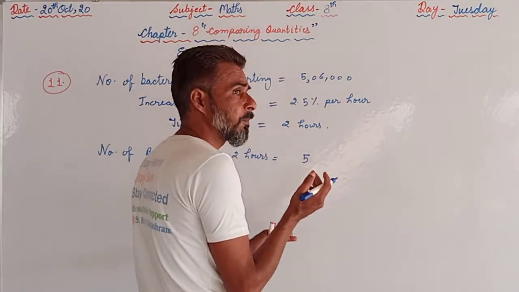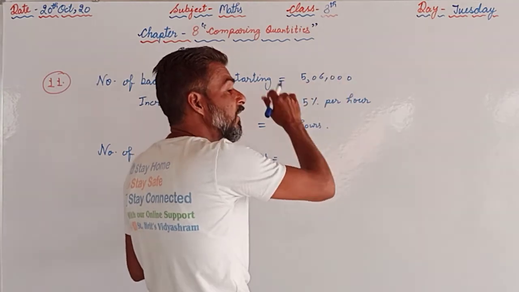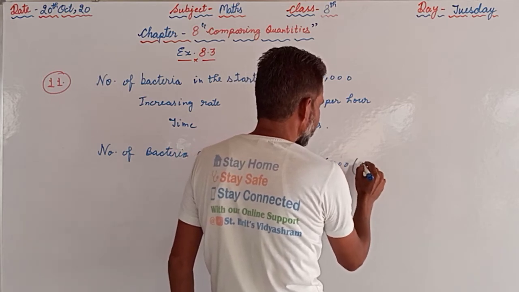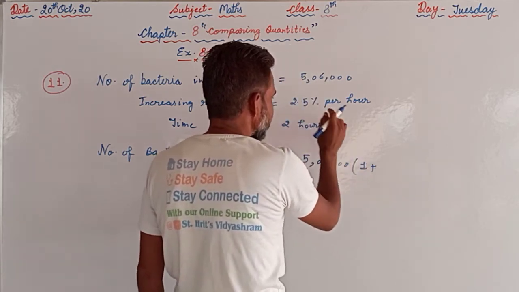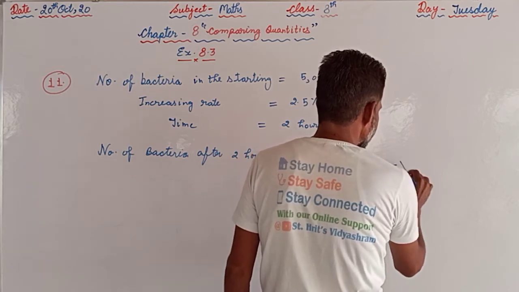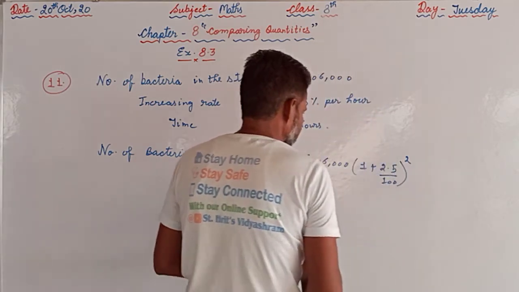In place of the principal, here we have the number of bacteria initially, that is 5 lakh 6,000, then bracket, then 1 plus rate. What is the rate? 2.5 upon 100, raised to power n. n is the time, here time is 2.